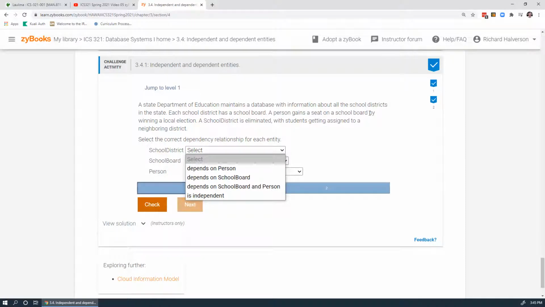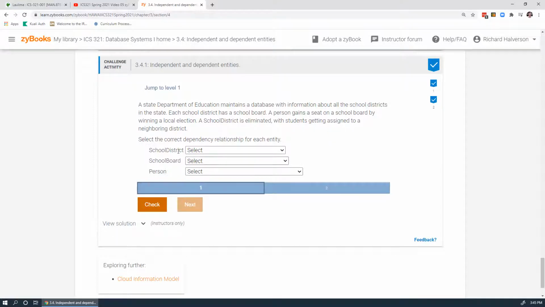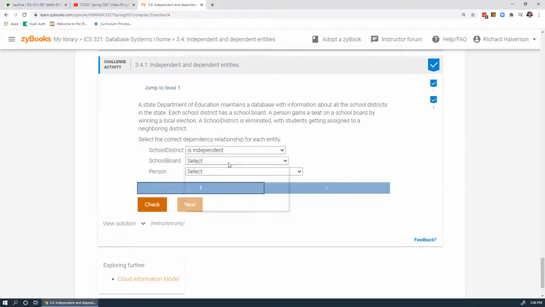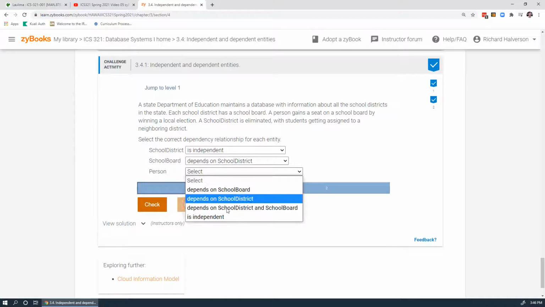A person gains a seat on the school board by winning a local election. If a school district is eliminated, students get assigned to a neighboring district. Okay, so a school district is independent. A school board depends on a school district, and a person is independent.